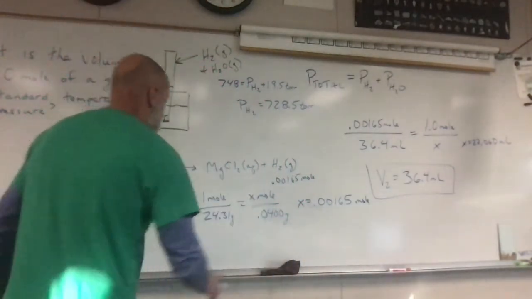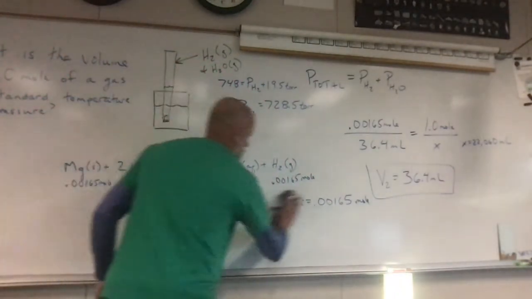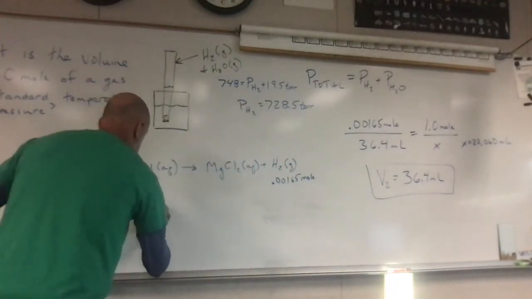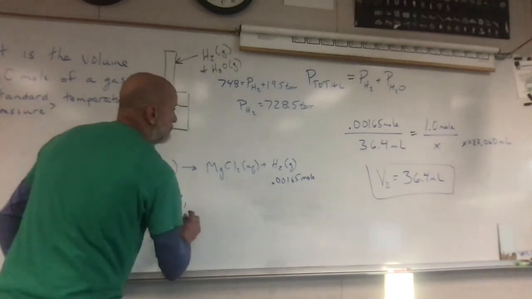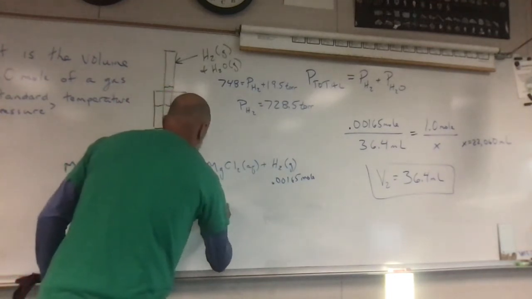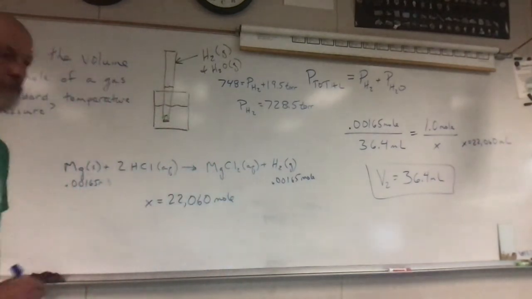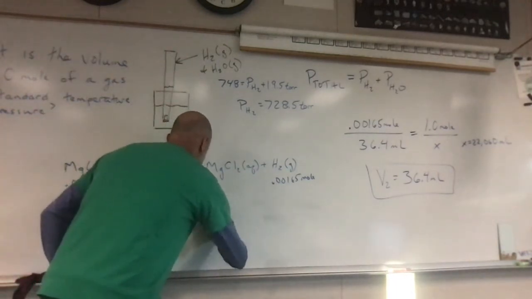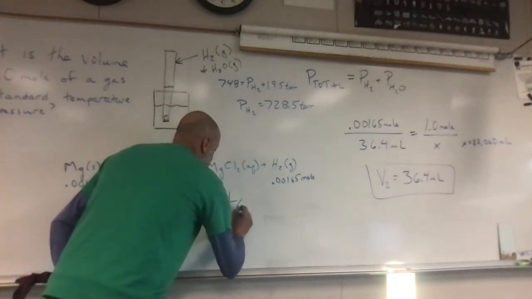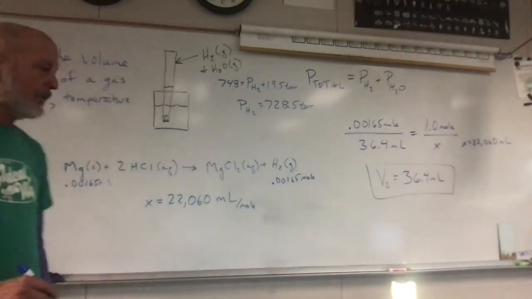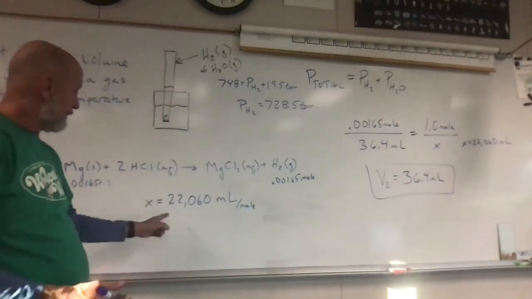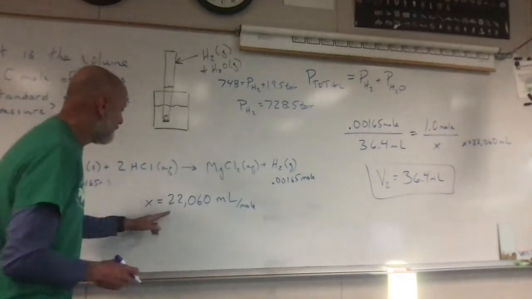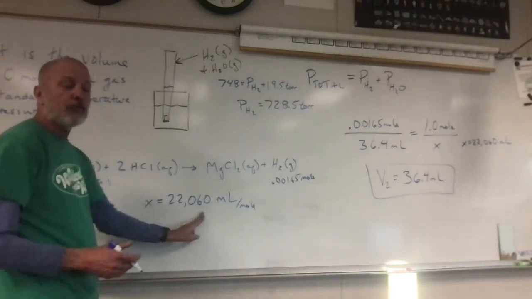That's an important number, so let's bring it over here. That's what I get. So, all right, milliliters per mole of gas. According to our lab calculations, if I had a mole of a gas under standard conditions, it should occupy 22,060. We're pretty close.